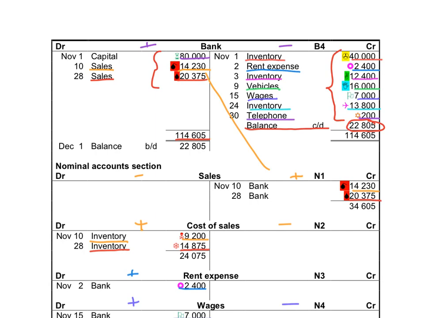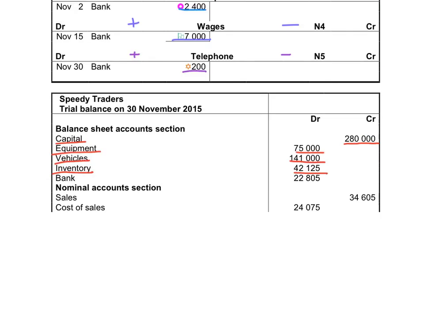When we add up all the amounts on the credit side now, including the balance, it will give me the same total I had on the debit side. And I will bring down that balance on the opposite side below the total to indicate that the balance is on the debit side. On the 1st of December, we start with money in the bank. Because the balance was brought down on the debit side, we will show the balance on the debit side of the trial balance for the bank account.